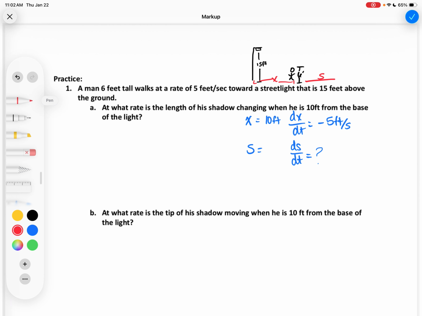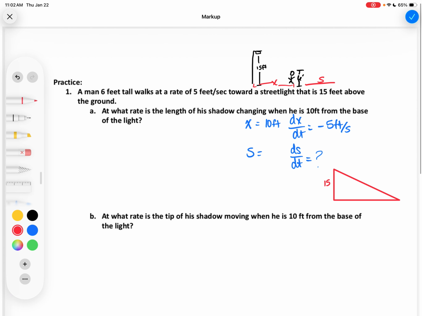So I'm going to draw a triangle here. So this value is 15, and then I'm going to cut this triangle here, and I'm going to put a 6 there.